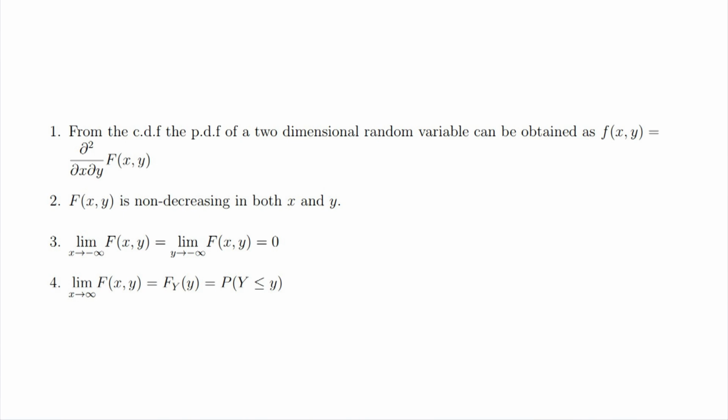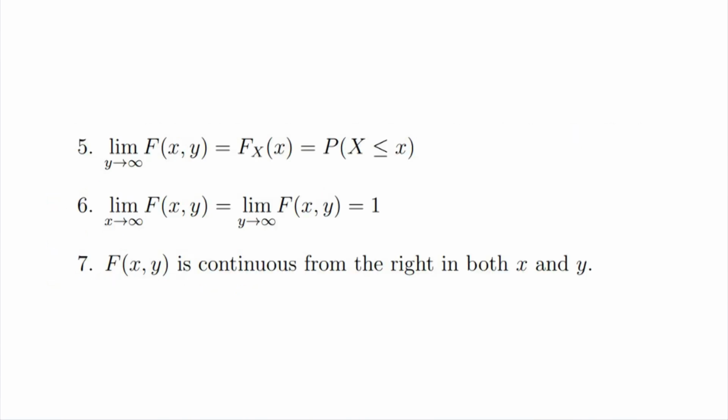The limit as x tends to infinity of F(x,y) is equal to F(y), which is equal to the probability of Y less than or equal to y. The limit as y tends to infinity of F(x,y) is equal to F(x), which is equal to the probability of X less than or equal to x.